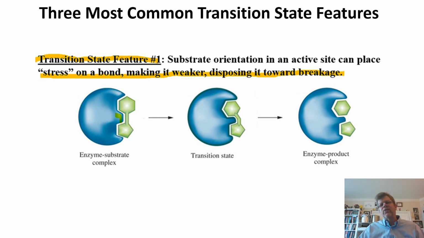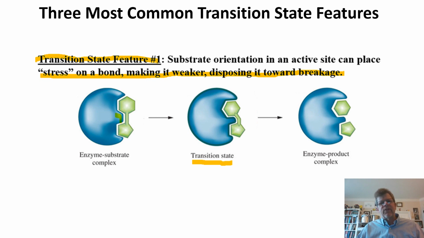Remember that transition state, we haven't broken the bond yet, we're disposing it towards breakage. We're using sort of flowery language to describe the transition state because it's very difficult to describe. No such thing as a bent covalent bond, so it's being disposed towards breakage, if you will.